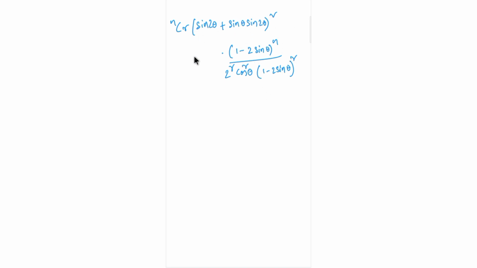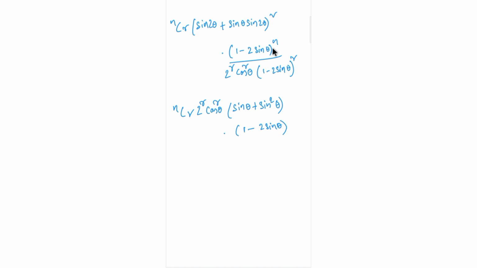Sine 2 theta is 2 sine theta cos theta, and here we have 2 sine square theta cos theta. Taking 2 cos theta common, I get 2 power r into cos theta whole power r, and I'm left with sine theta plus sine square theta into (1 minus 2 sine theta) whole power.